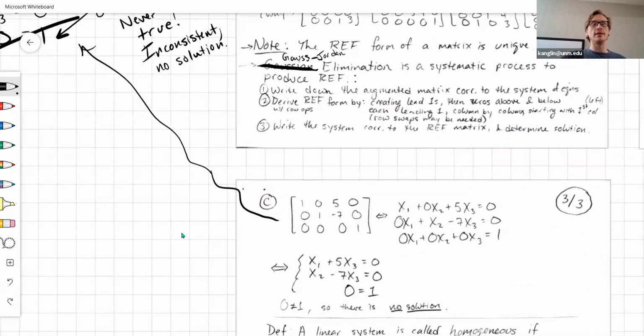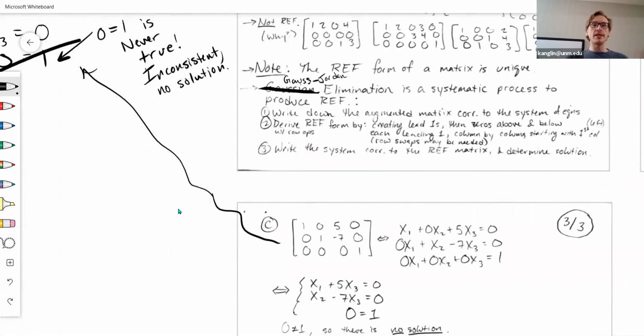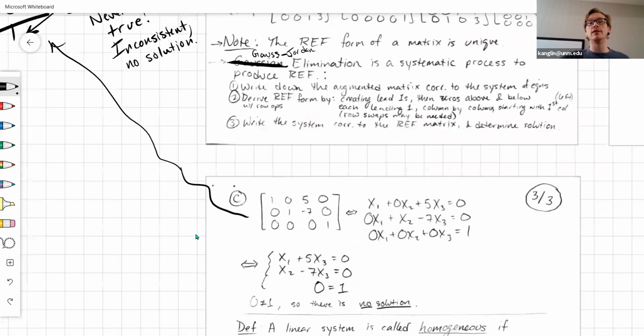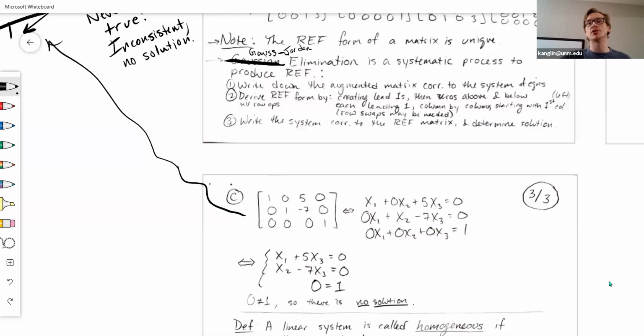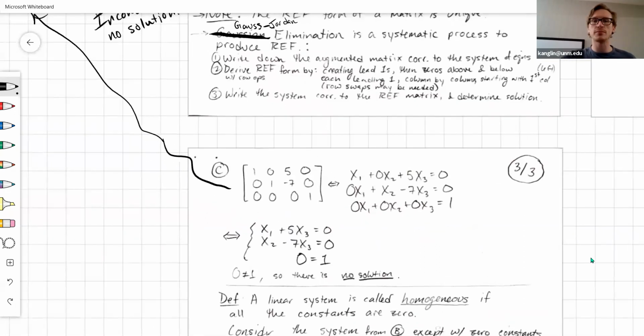So we've seen how taking our augmented matrix, performing Gauss-Jordan elimination to get it to REF form, can be used to solve any linear system, right? Whether it's a unique solution system, a system with infinitely many solutions, or a system with no solution. All of that information can be gleaned from the reduced row echelon form of the matrix.